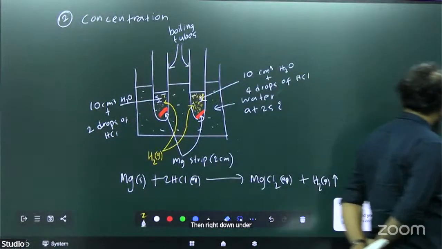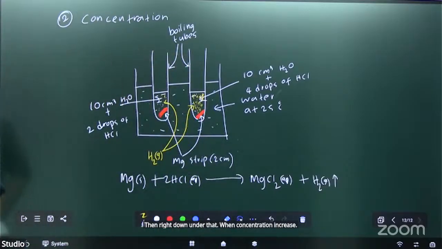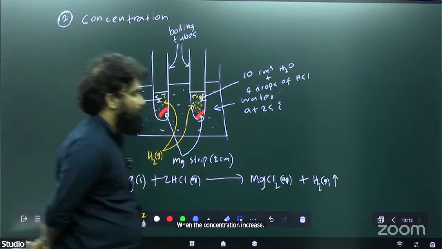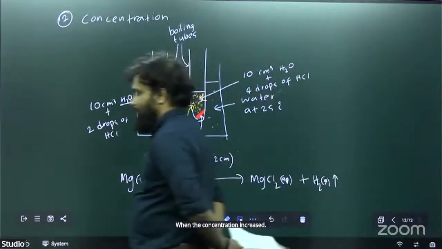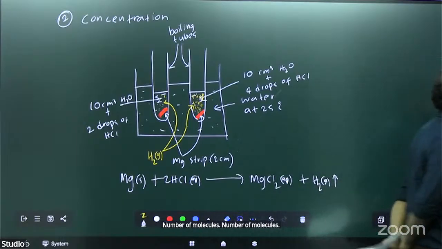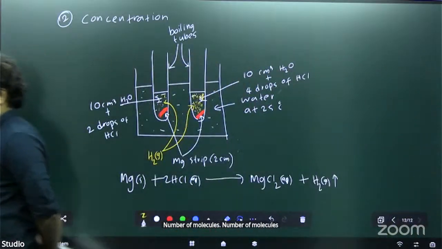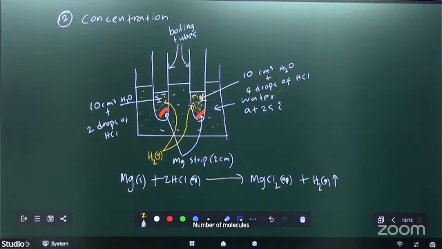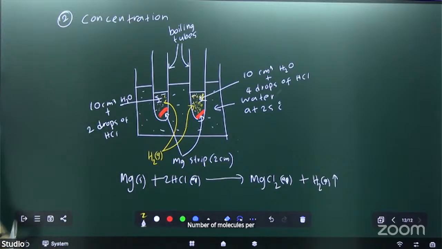Then write down under that, when the concentration increases, number of molecules per unit volume increases.